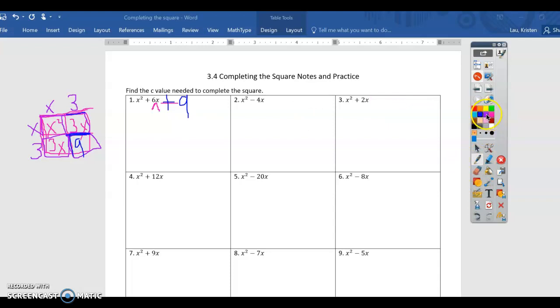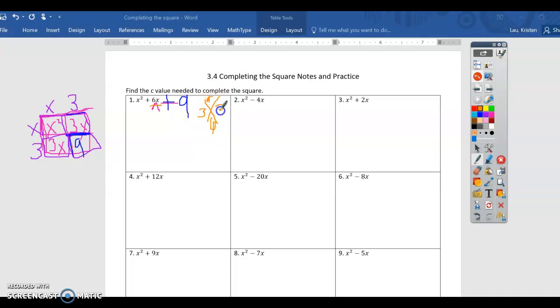Okay? Now that we have our C value and we have our three terms, we can go ahead and factor it. So we know that since this is x squared, we can use our x factor shortcut. So we want to do 1 times 9 to get 9. And then we have 6 at the bottom. So what two numbers multiplied together give me 9, but when I add them give me 6?